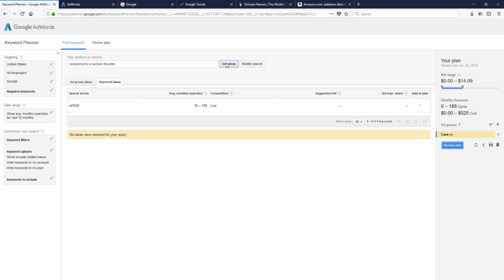Instead of targeting the radiation detectors, I might decide to go for something different, something along the lines of preparing for a nuclear disaster, but only if I can actually find a good keyword phrase that I could use to target that sort of thing.